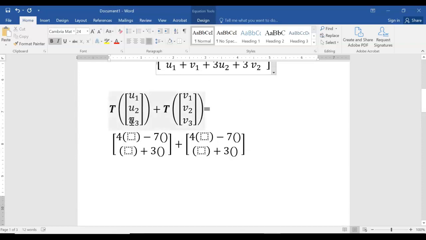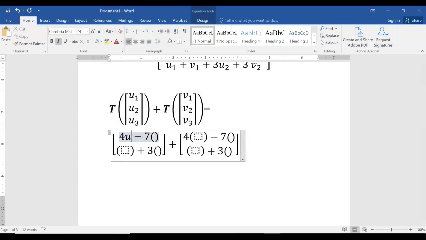So transform the arbitrary u, you end up with 4 times u2 minus 7 times u3. And then my second entry of the u's is going to be u1 plus 3 times u2. Again, that's just from the definition of what the transformation does to an arbitrary vector.